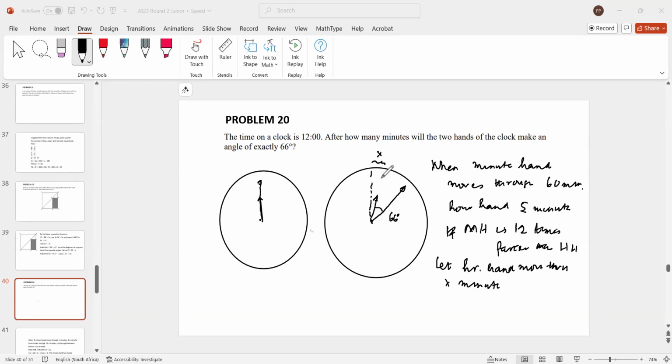The hour hand has moved X. So what does this mean? That means the MH, the minute hand, has moved 12X. So in other words, this long one has moved through 12X minutes. All right, so now we can see what the angle between the two will be. So this angle here is 11X minutes.